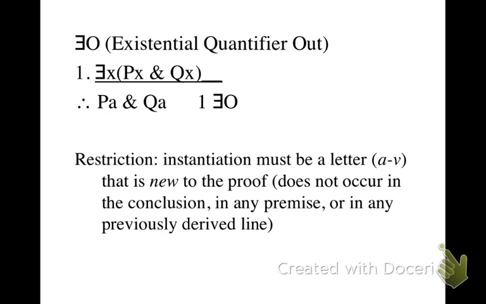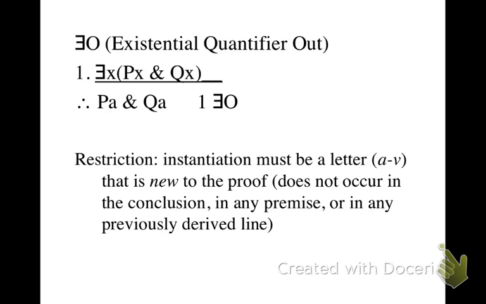So the reason why it needs to be a new letter is because that makes it a dummy letter. It's not really standing for anything in particular. It's just saying, what if A is the thing that has the quality P and the quality Q, and then we see what follows from that.